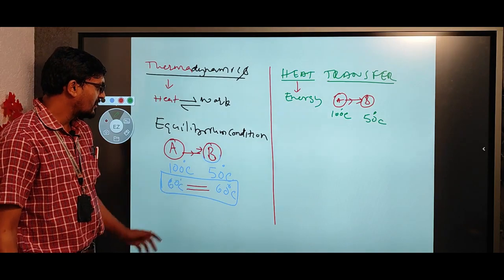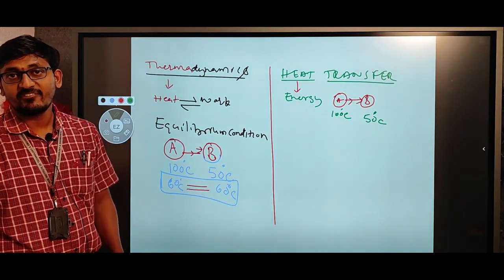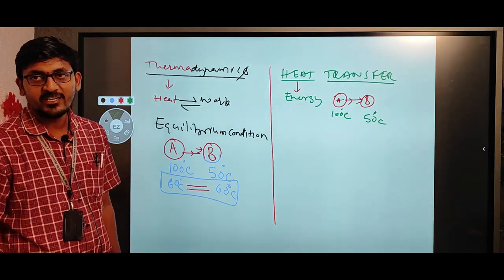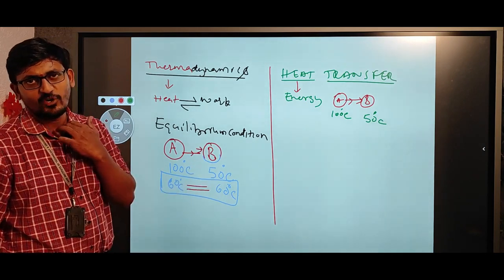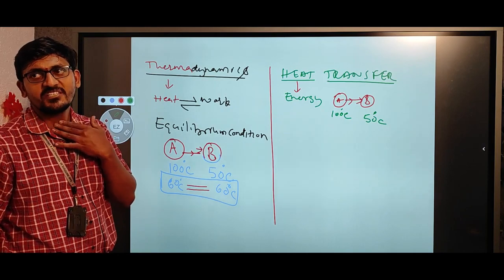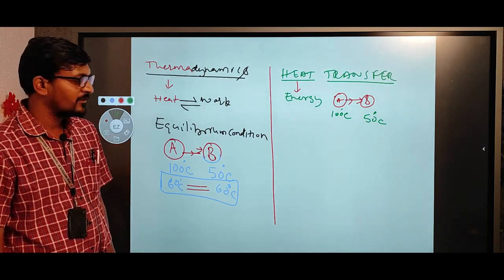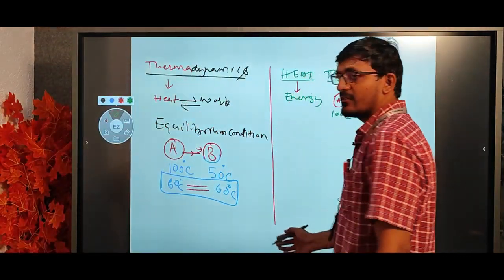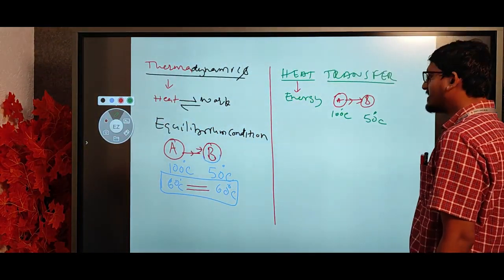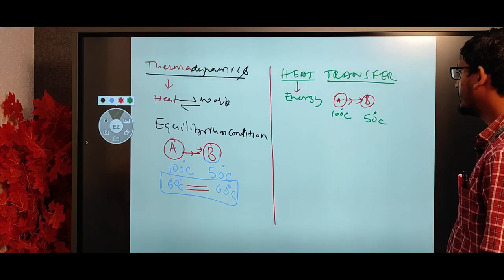For example, measurement of temperature of our body by using a thermometer. After some time the body temperature and the thermometer temperature show equal, that is nothing but equilibrium.